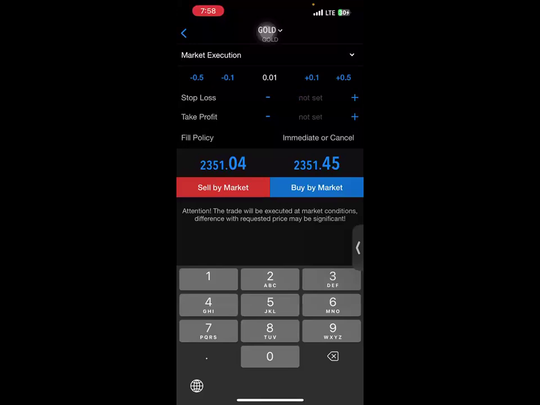So guys, for a sell, the market needs to be below your entry point in order for you to be in profit. And for a buy, the current price needs to be above your entry price in order for you to be in profit. I'm sure you guys have jotted that down. So I want to say another thing, right? This is the other thing I want you guys to jot down.